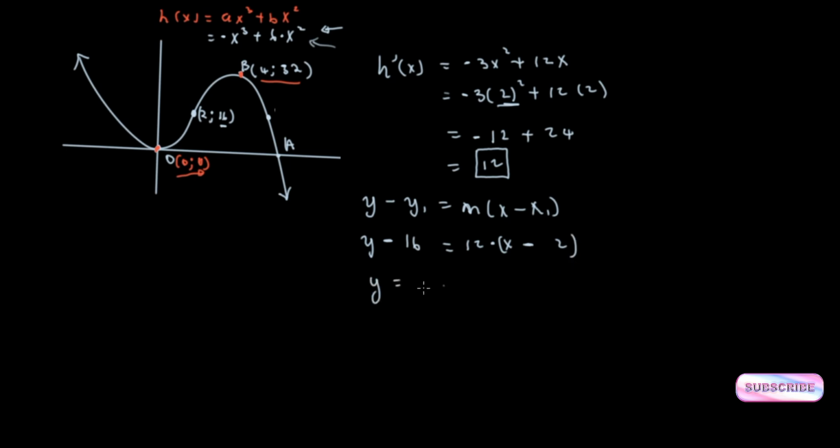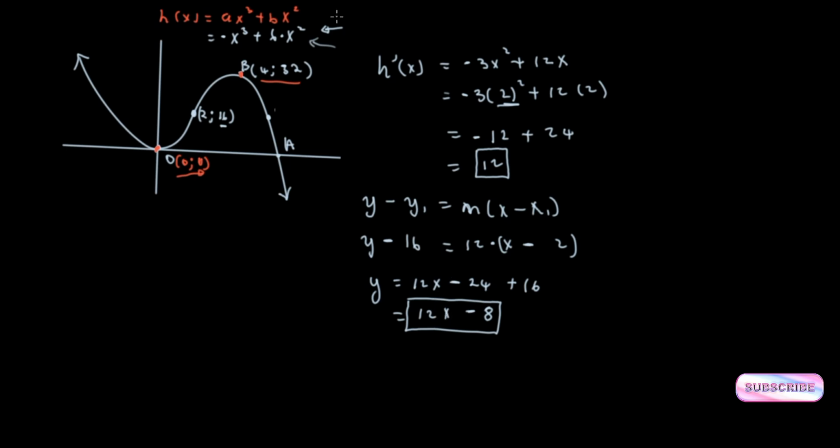So y is 12x minus 24 plus 16, which is 12x minus 8. So this will be the equation that we were looking for.